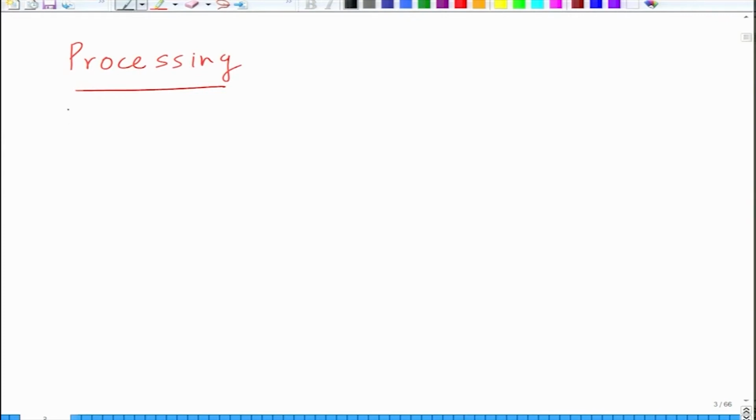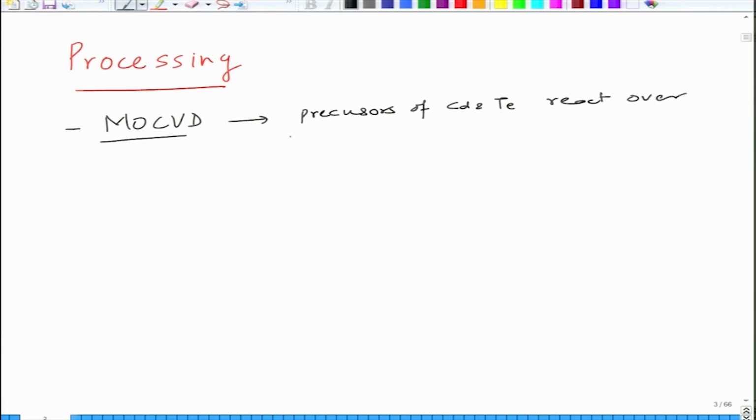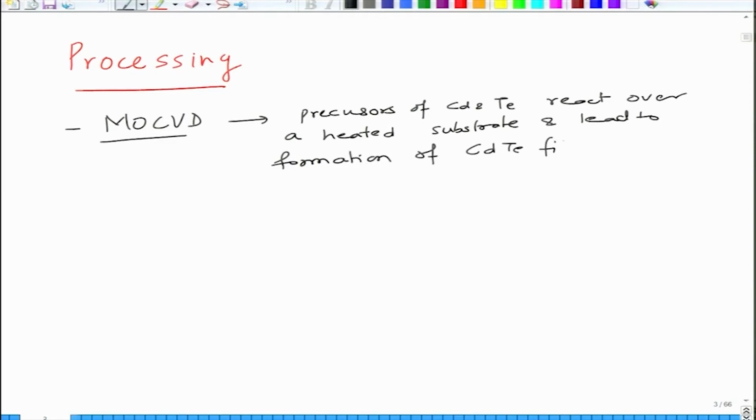Not only can you process CdTe by sputtering, evaporation and galvanic reaction, you can also process this by an MOCVD kind of process, wherein the precursors of Cd and Te react over a heated substrate and lead to formation of a cadmium telluride film, and these precursors are basically metallo-organic precursors.